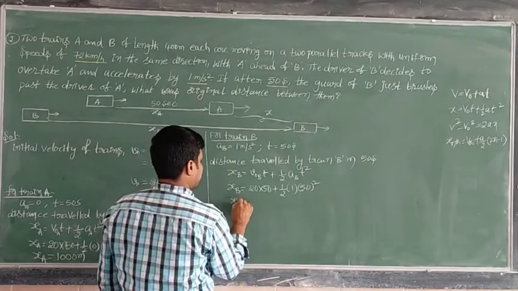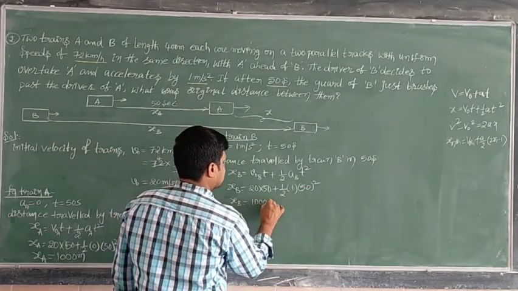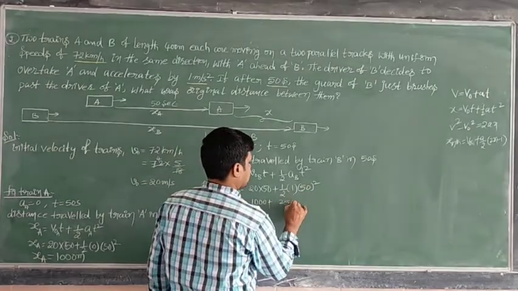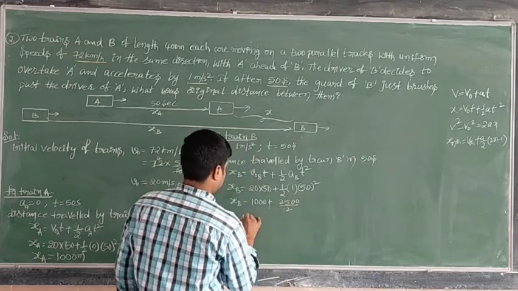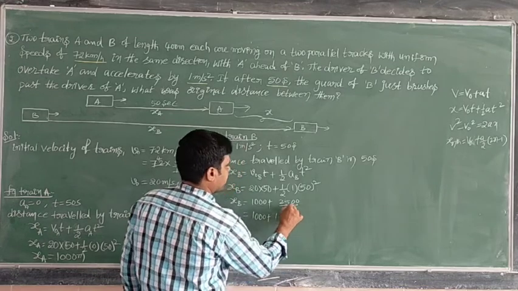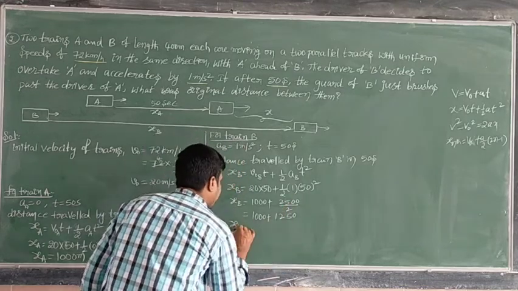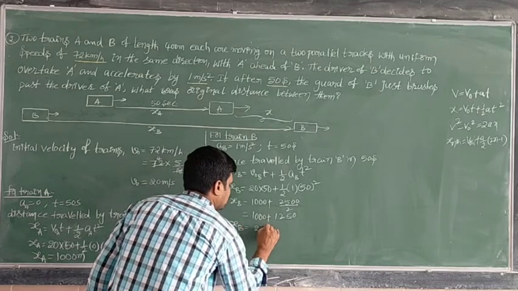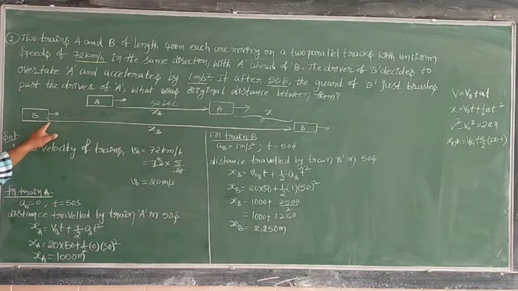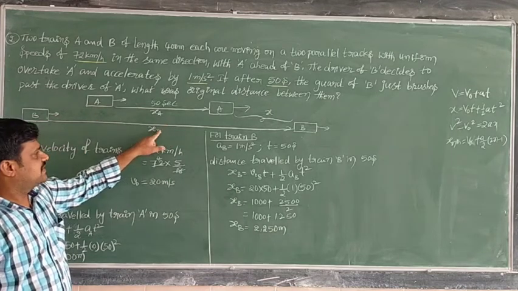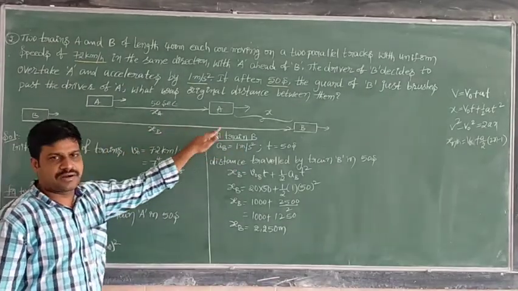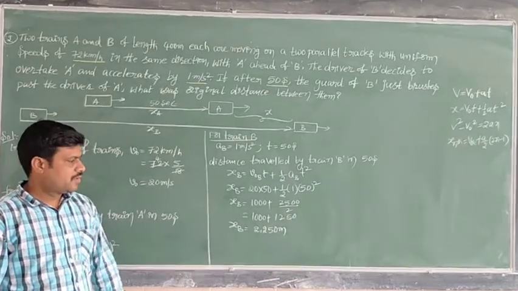So xb is equal to 1000 plus 2500 divided by 2, which is 1000 plus 1250. So the distance traveled by train B is 2250 meters, within 50 seconds with an acceleration of 1 meter per second square.